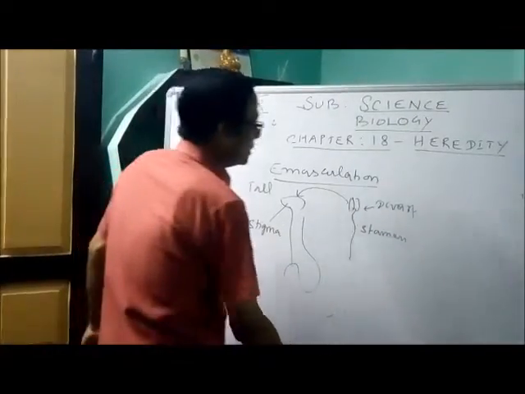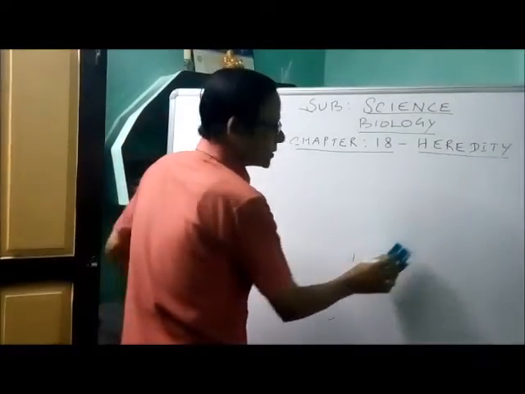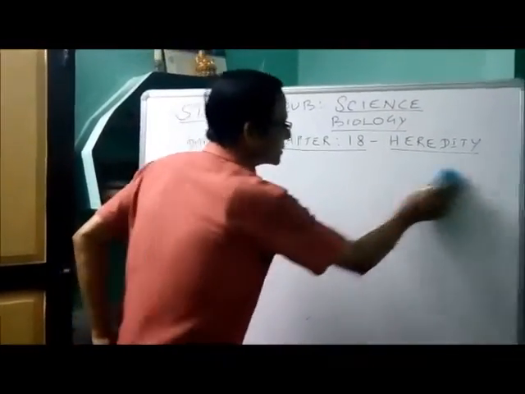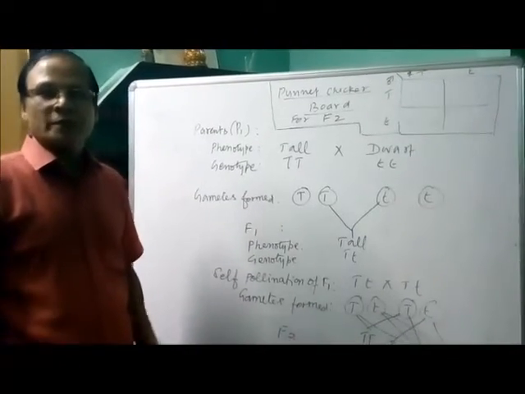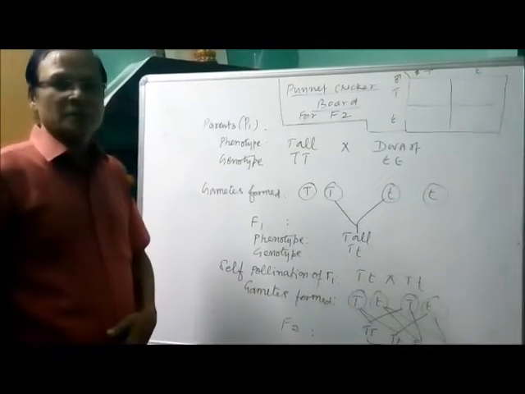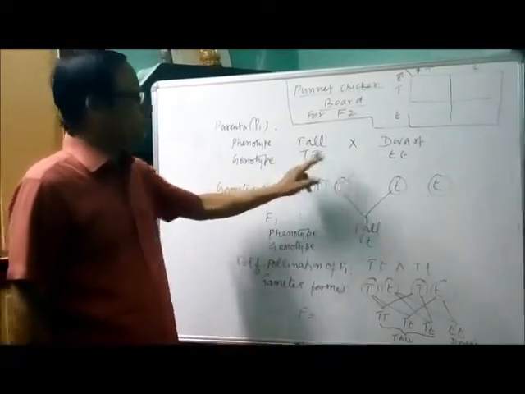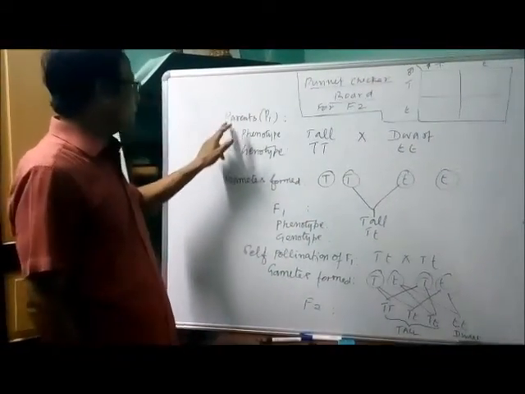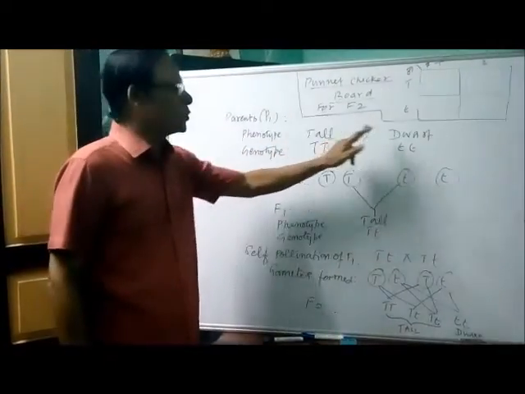Now, what results did he obtain? Mendel did a monohybrid cross by taking the height of the plant. As far as height is concerned, there are two different forms, one the tall, another one dwarf. Here the parents are represented, the phenotype tall and dwarf.